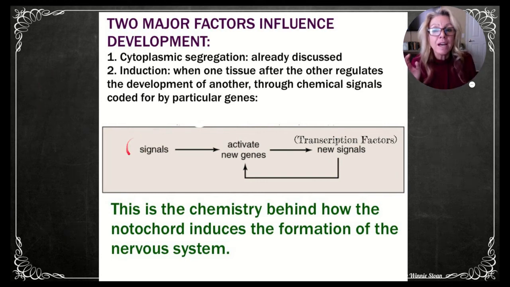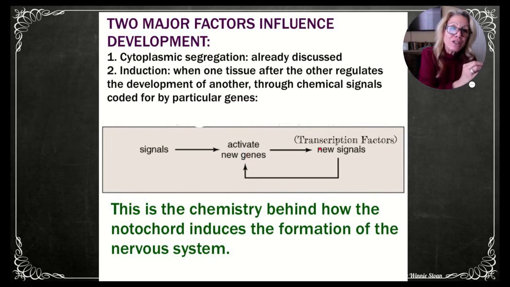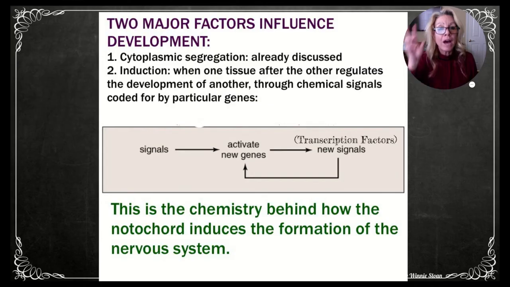So you can send a chemical signal which activates some genes. Those genes are turned on, producing transcription factors, which then activate other genes, which can then make other signals, et cetera. And that was the chemistry we looked at behind the notochord and how it influences the ectoderm above it to fold in to form the spinal cord.